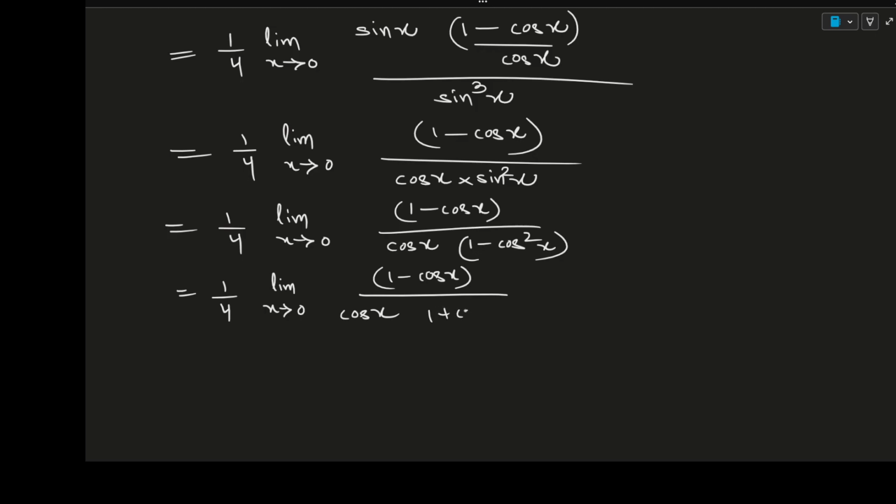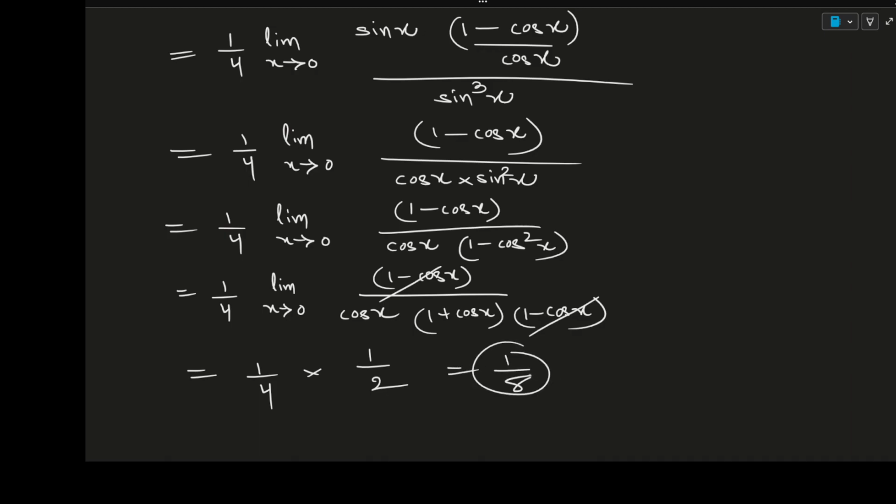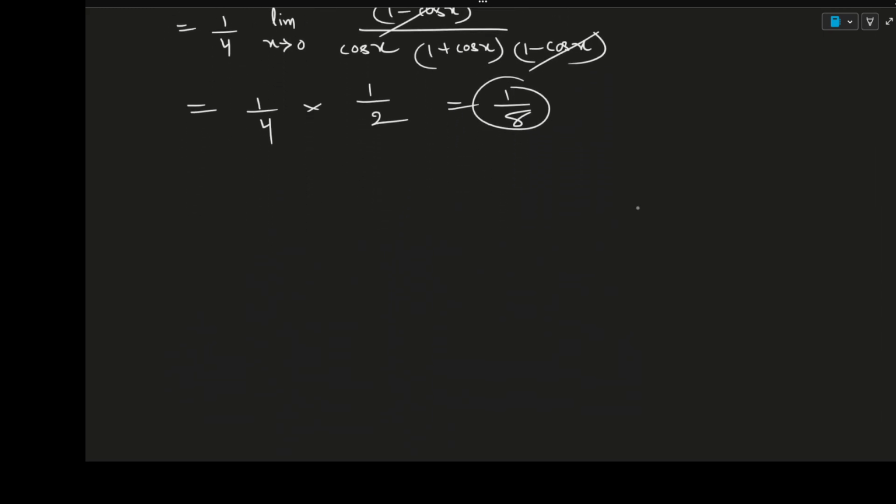So I can cancel out this one. Now I can put 0 in place of x, so I'll get a non-zero number, that is cos 0 will be 1 and here cos 0 will be 1, so it will be 2. I can write 1 by 2. So finally I will get 1 by 8. Now we'll solve another one.